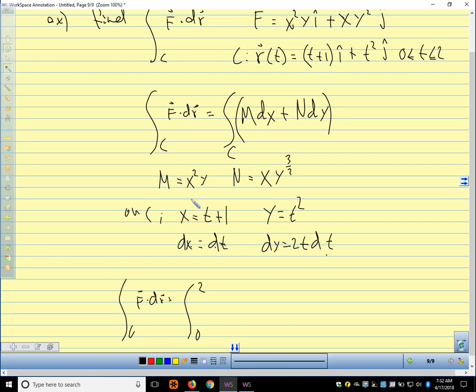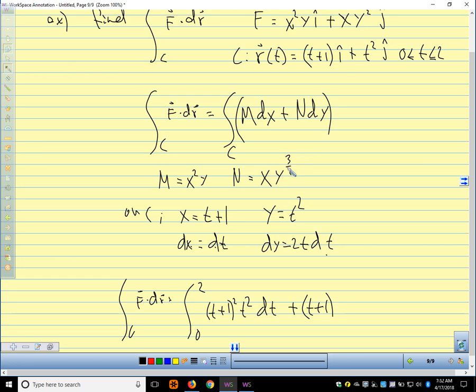of m, x squared y, which is (t plus 1) squared times t squared dt, because dx equals dt, plus n, which is (t plus 1) y to the 3 halves. Well, y is t squared.